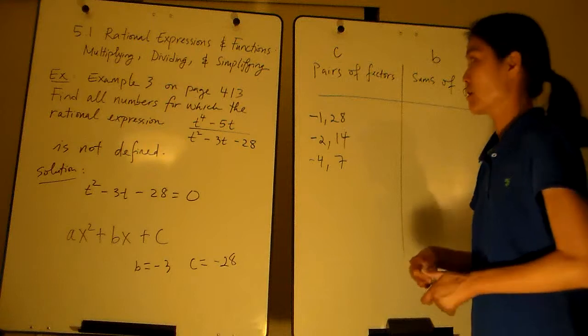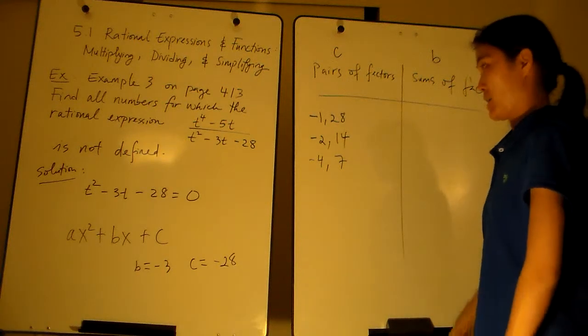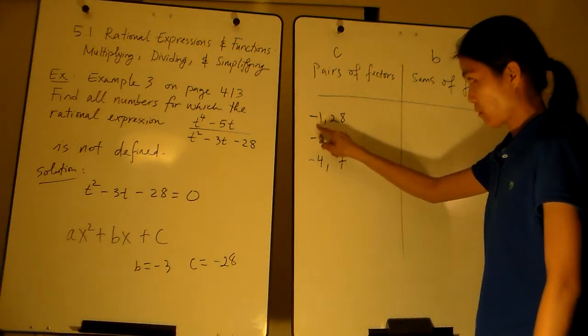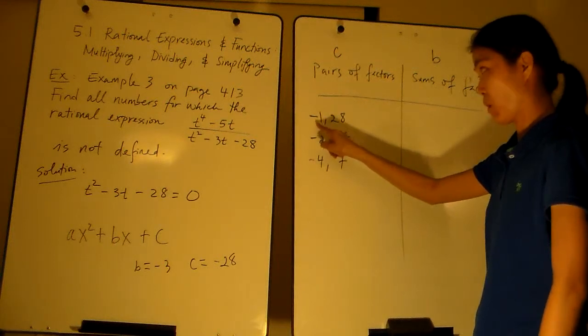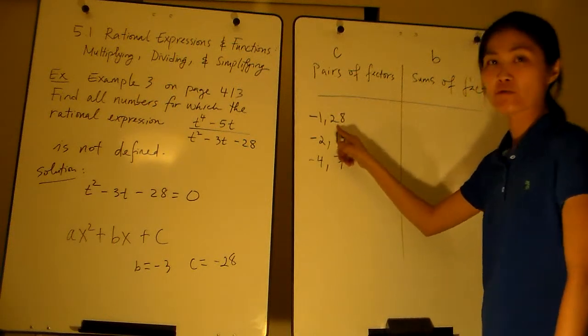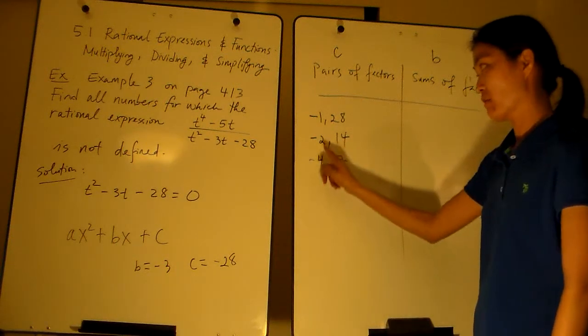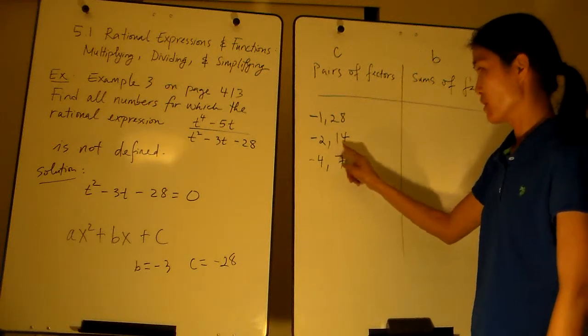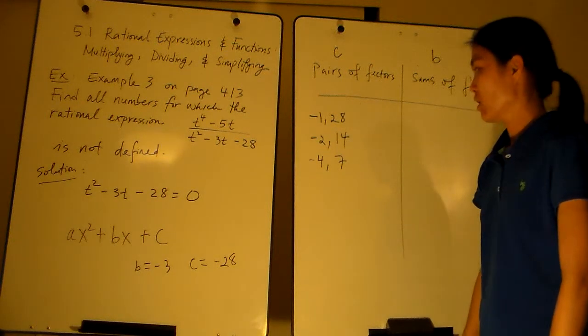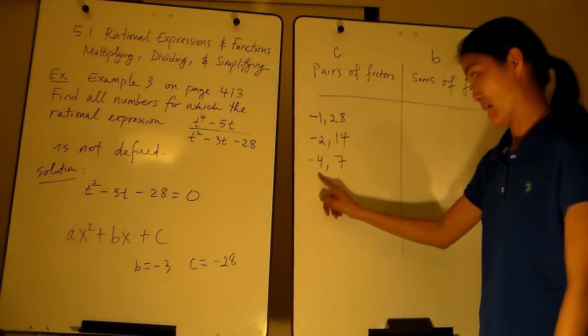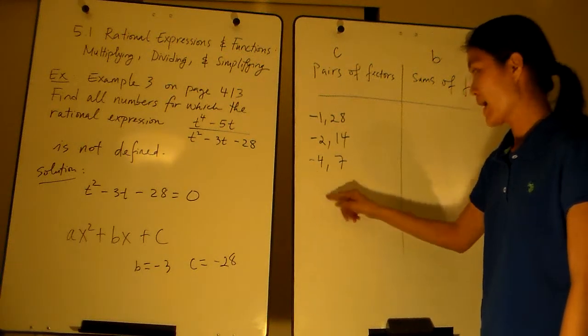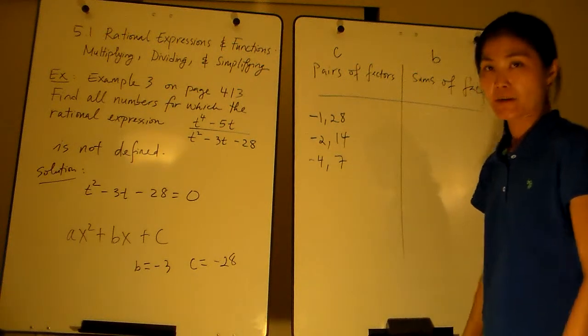It's actually 6 possible cases, because what if this value right here is positive 1 and this value is negative 28, okay? So what if this value right here is positive 2 and this is negative 14? Or what if this number right here is positive 4 and negative 7, okay?